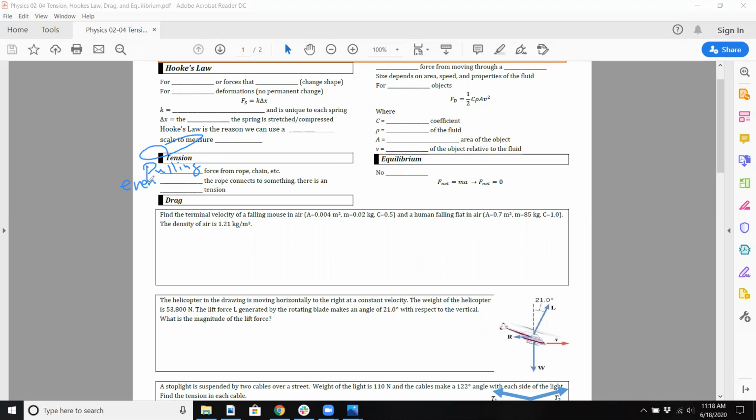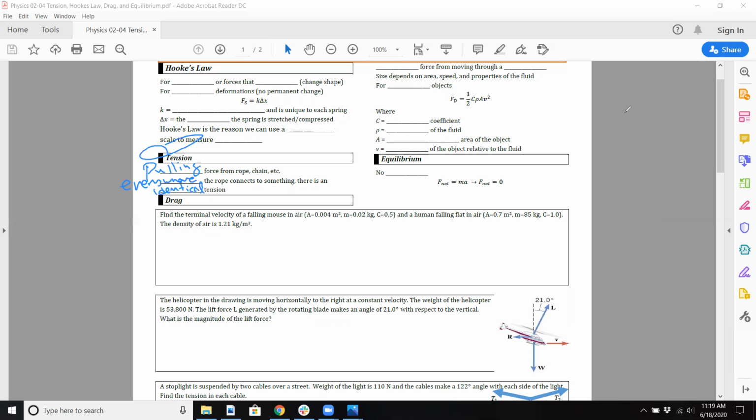Everywhere the rope connects to something, there is an identical tension. So we do expect tension to be identical. It's just that usually when you have different angles, you're going to see some differences, but that's for the most part.